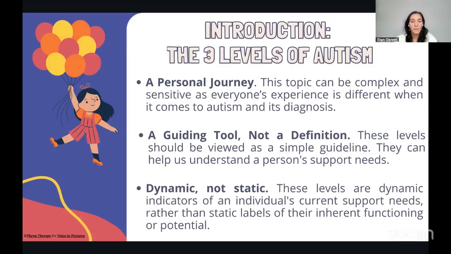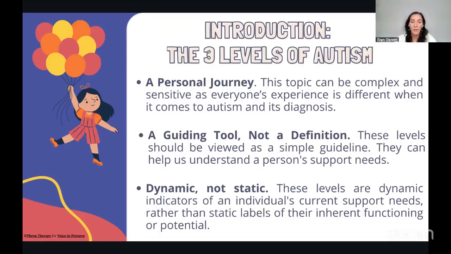This level should be seen as a guideline. It's a guiding tool, it's not a definition set in stone. The level of autism can help us understand what the person needs in terms of support at a specific moment in time. It's a dynamic tool, it's not static. It doesn't say anything about someone's cognitive ability or their inner functioning.